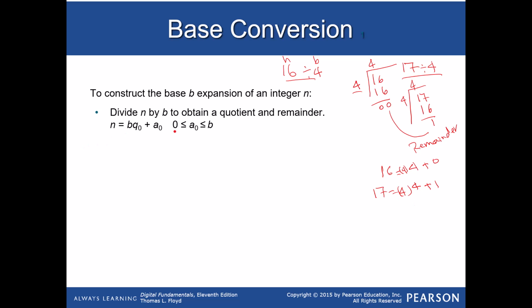And this is the general format here. That's what we really mean by it. And the A sub 0 indicates the remainder. And notice that the remainder is always less than the divisor. Okay, that's all.